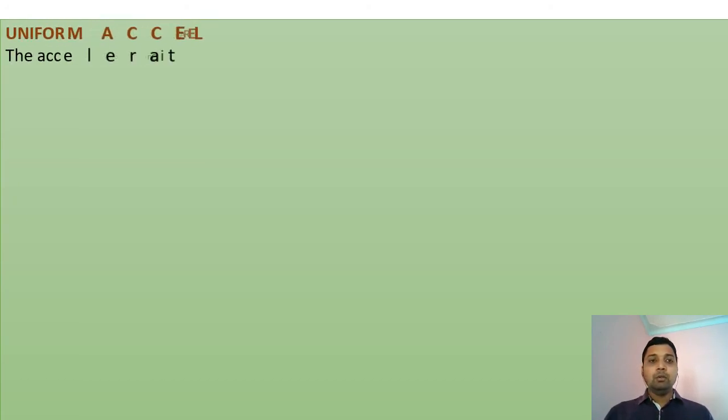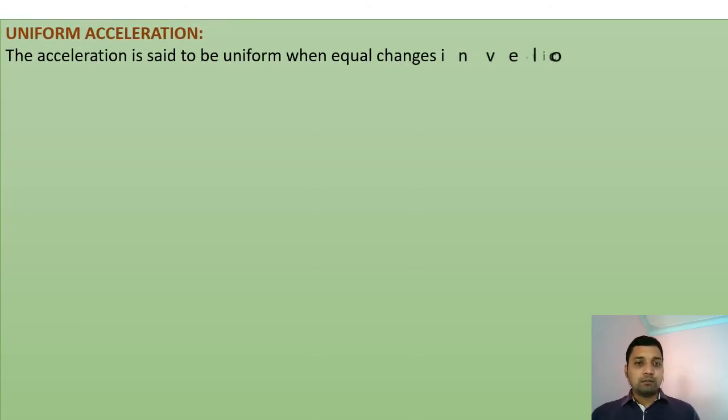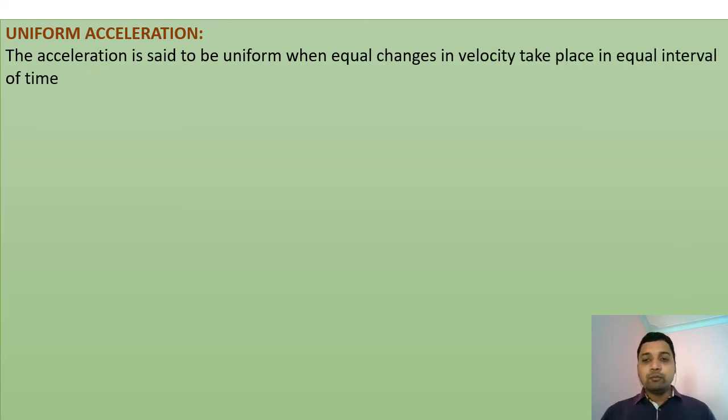Now let's look at uniform acceleration. Acceleration is said to be uniform when equal change in velocity takes place in equal intervals of time. Means velocity changes 2 meter per second in 1 second, 4 meter per second in 2 seconds. If the velocity changes equally in equal intervals of time, that is uniform.